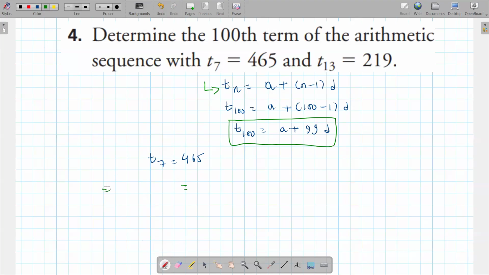We don't know A and D, but we know that T7 is equivalent to A plus 7 minus 1 times D. Do you agree? So that'll be A plus 6D equals 465. So A is equal to 465 minus 6D.